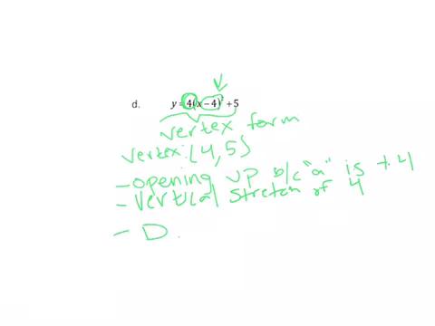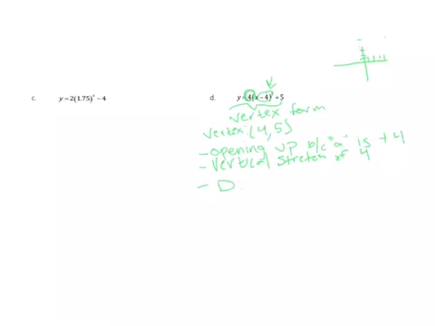All right, how about our domain and range? Remember, right now we're just dealing with parabolas that go up and down. If I were to sketch this one out, my vertex is (4, 5). Let's go 1, 2, 3, 4, 1, 2, 3, 4, 5. It would be opening upwards and going through that vertex.